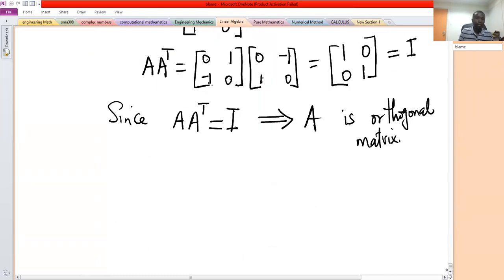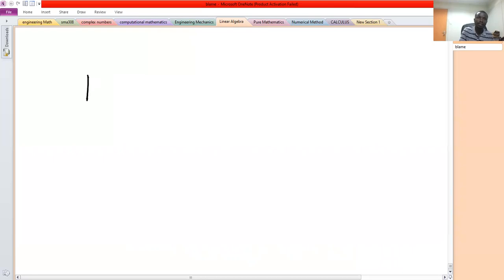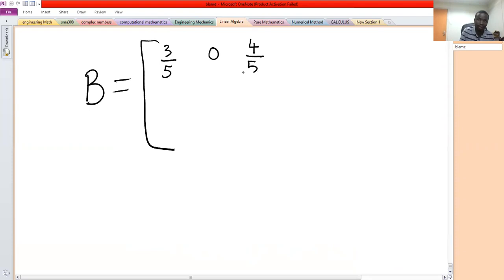And then let's give more examples of orthogonal matrices. If we have another matrix B given by 3 over 5, 0, 4 over 5, 0, 1, 0, minus 4 over 5, 0, 3 over 5.